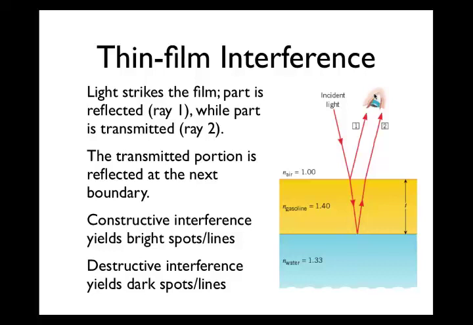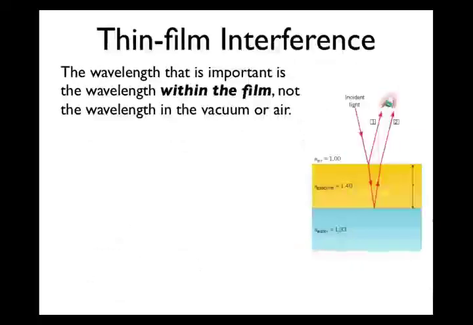And so you end up seeing these colored bands where the color that you see most strongly is the color that is being most strongly constructively interfered with. And if you don't see a particular color, that's because that color is at that angle and that position undergoing destructive interference.